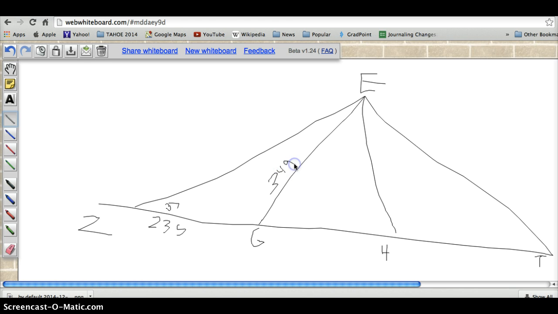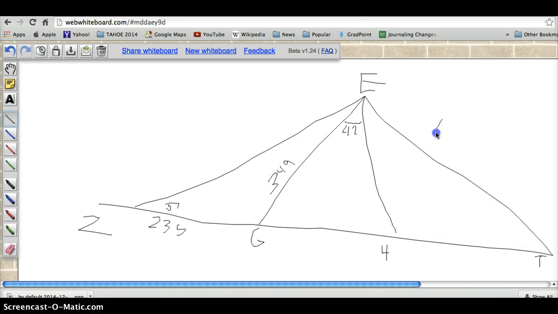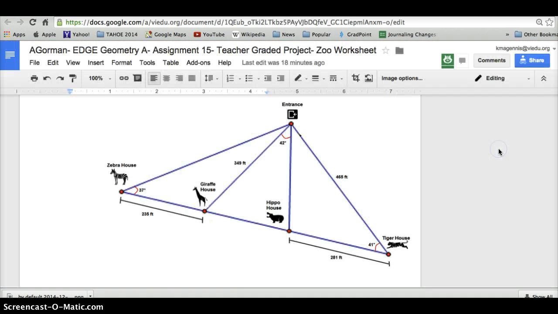So you need to make sure you have this written down, because you are going to need to fill in. I'm going to get you started, but I'm not going to do the whole thing here. 465 is segment ET. And finally, angle HTE is 41.